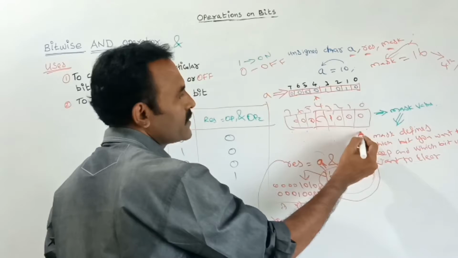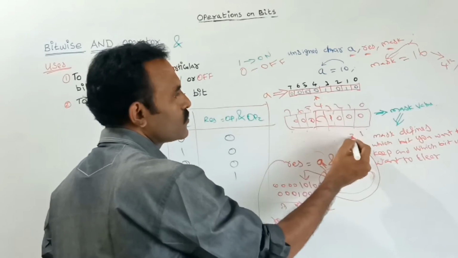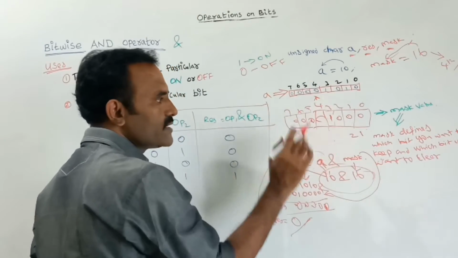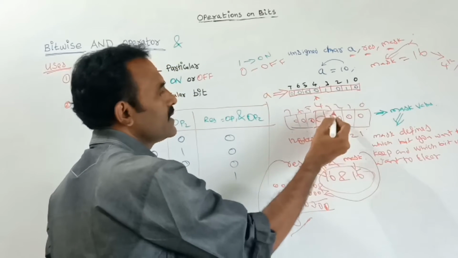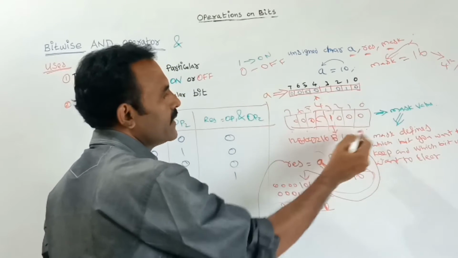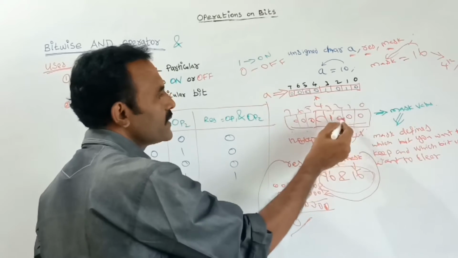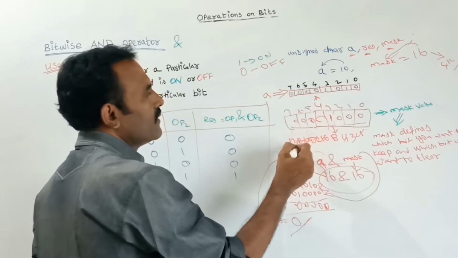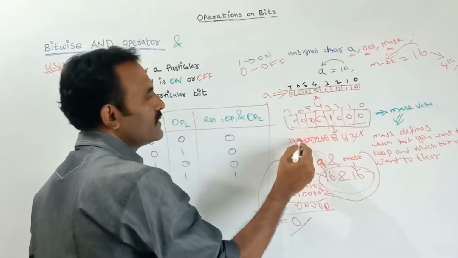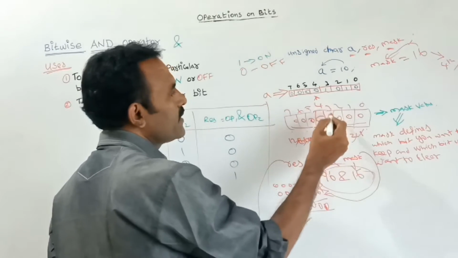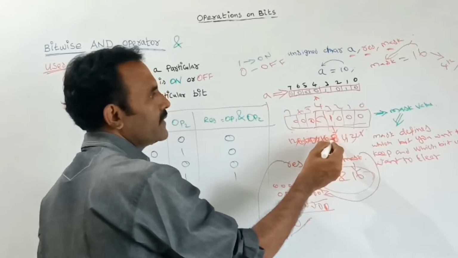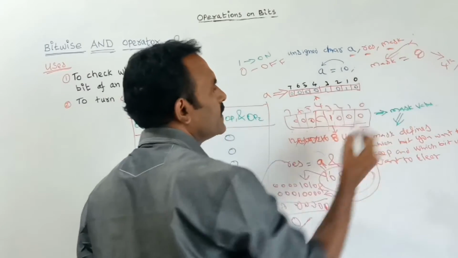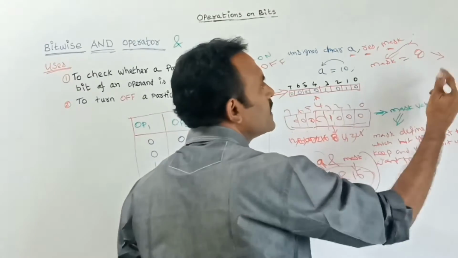So 2 to the power 0 is 1, 2 to the power 1 is 2. You convert this into decimal: 1 into 8, 8. Remaining are zeros, from position 5 to 7, 0. So the third bit value is 1, that is 2 to the power 3, which is 8. So value 8 is for finding the third position.